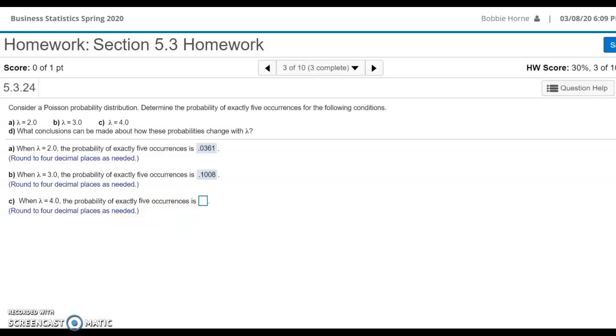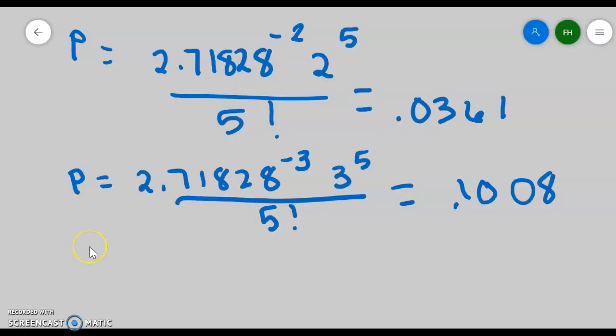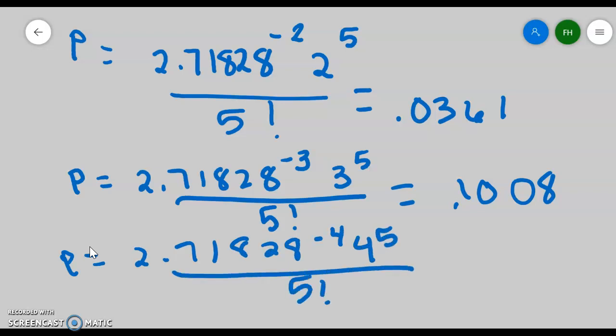And then for this last one, we want the mean to be 4. So we're going to do 2.71828 to the negative 4, 4 to the 5th, over 5 factorial.